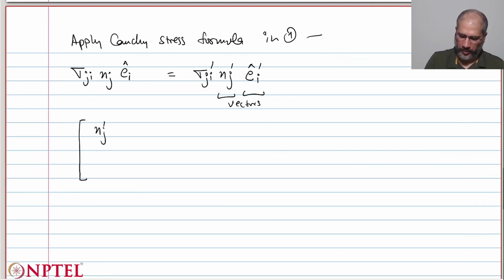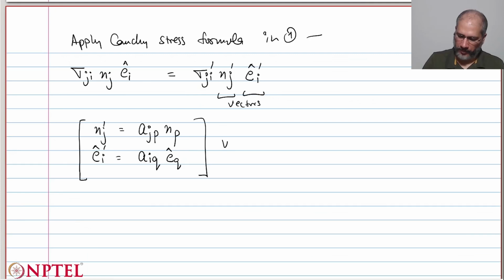So n_j prime can be written as a_jp times n_p, and we can write e_i prime as a_iq e_q hat.